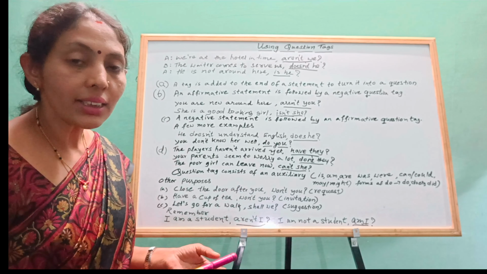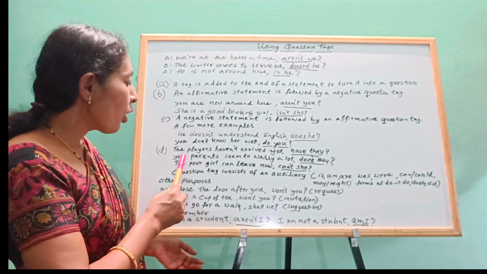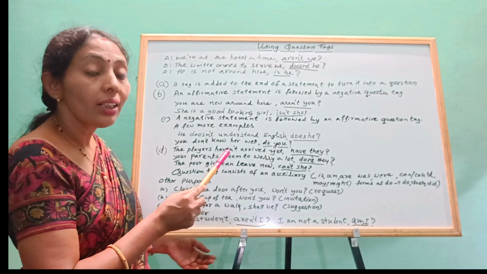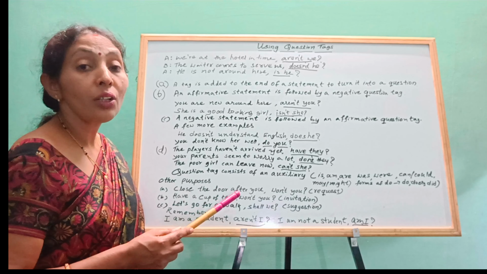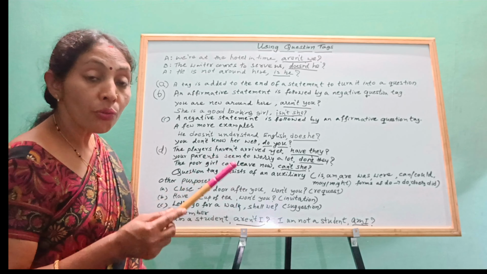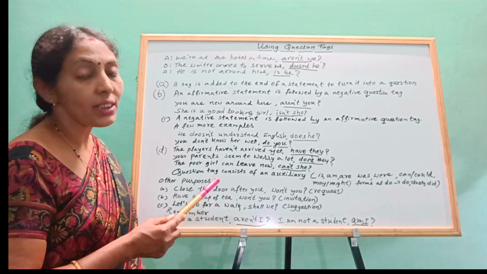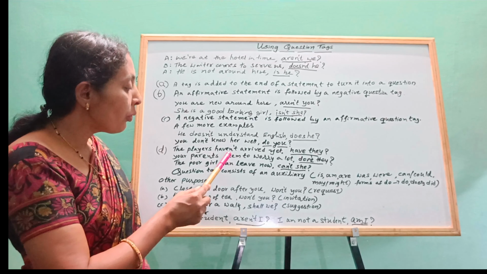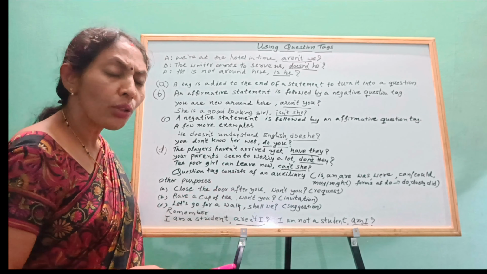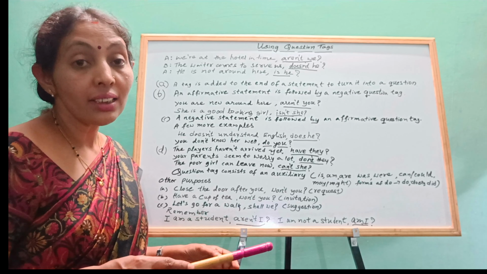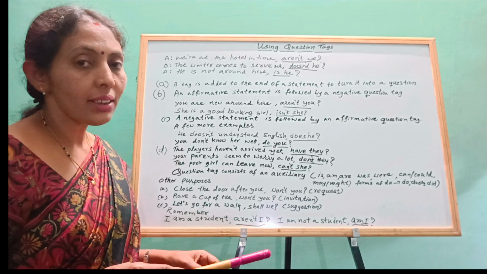In the second sentence, your parents seem to worry a lot. Here, where is the auxiliary verb? It is not visible. So we must check the tense of the sentence. Here, the main verb is seem. So we can say easily the sentence is in simple present tense.